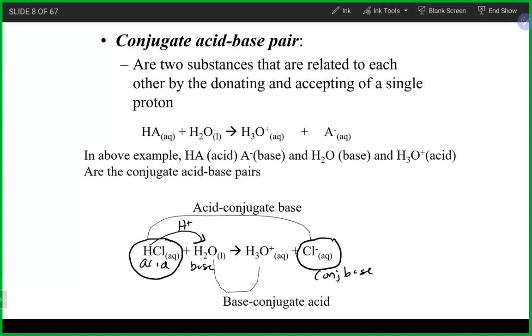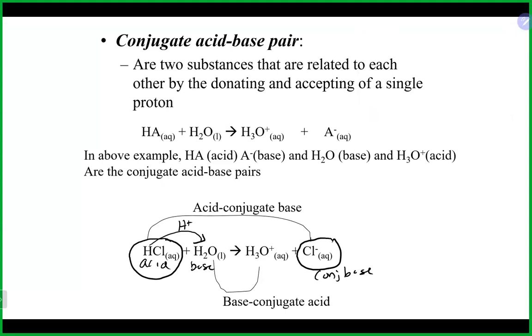The water here on the left will accept the H plus and be the base, and on the other side there will be H3O plus, which is our conjugate acid in this case. Once again, the only difference between those two things is that one H plus is being transferred. Any questions on that there?